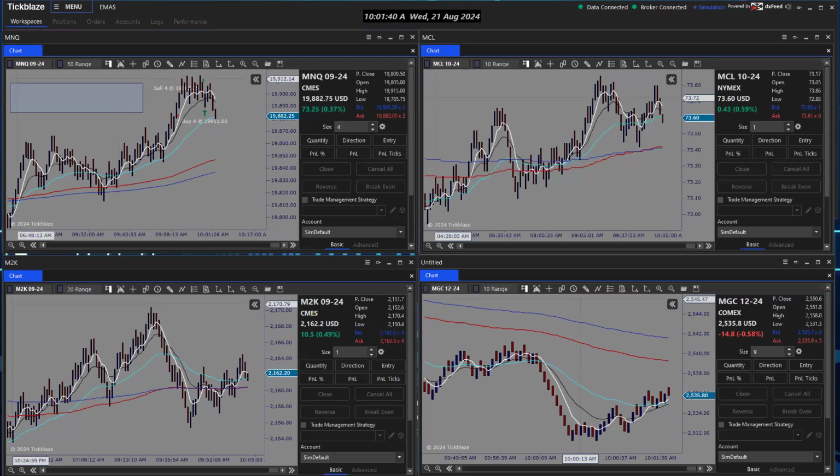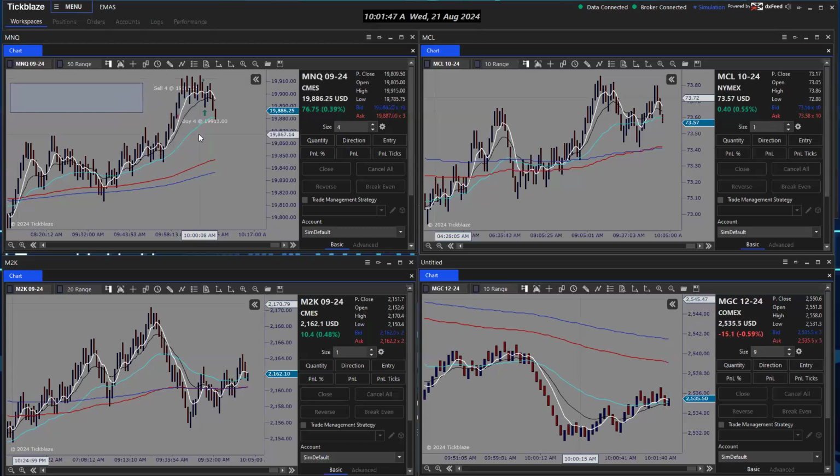Fractal for YM is 20. Yeah, 20, 20 range bar size. That was a reversal.